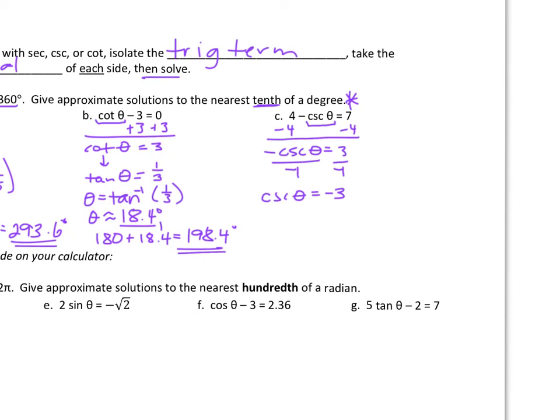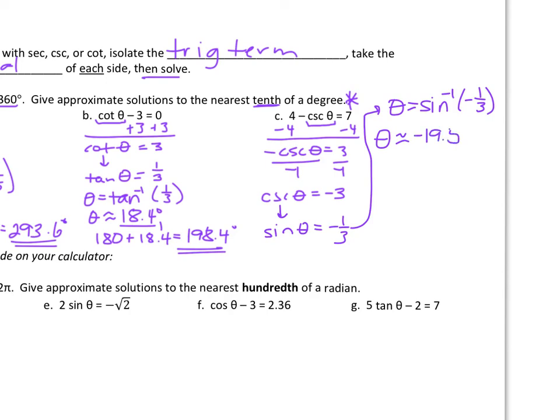The reciprocal of cosecant is sine, and the reciprocal of negative 3, careful, is negative 1/3. The sign stays the same. So then to get theta by itself, we're going to take the inverse sine of negative 1/3. When you type that in on your calculator, we get a negative measure, negative 19.5.